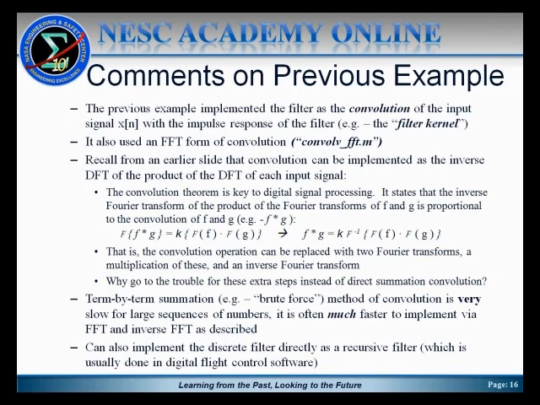Written another way, the time domain convolution of f of t and g of t can be obtained from the inverse Fourier transform of the product of the Fourier transform of f and the Fourier transform of g.